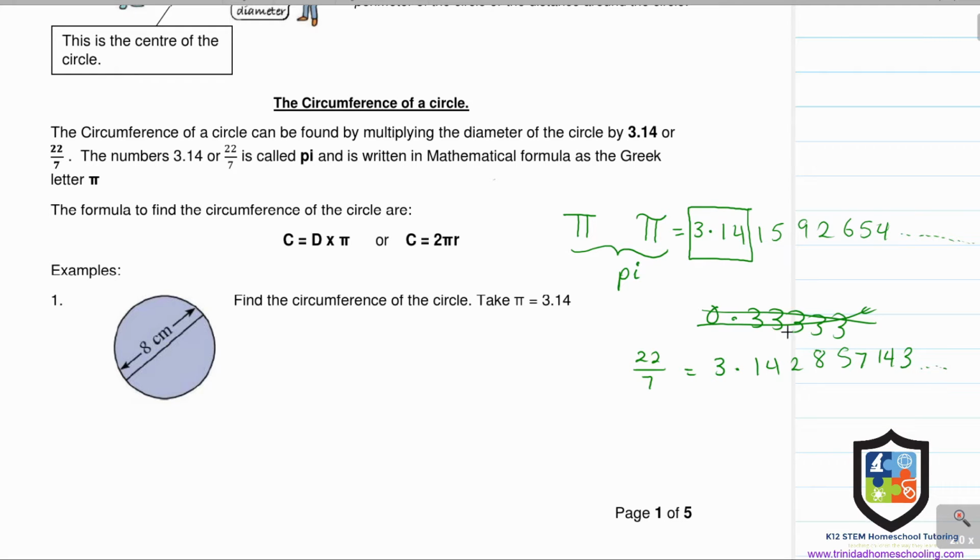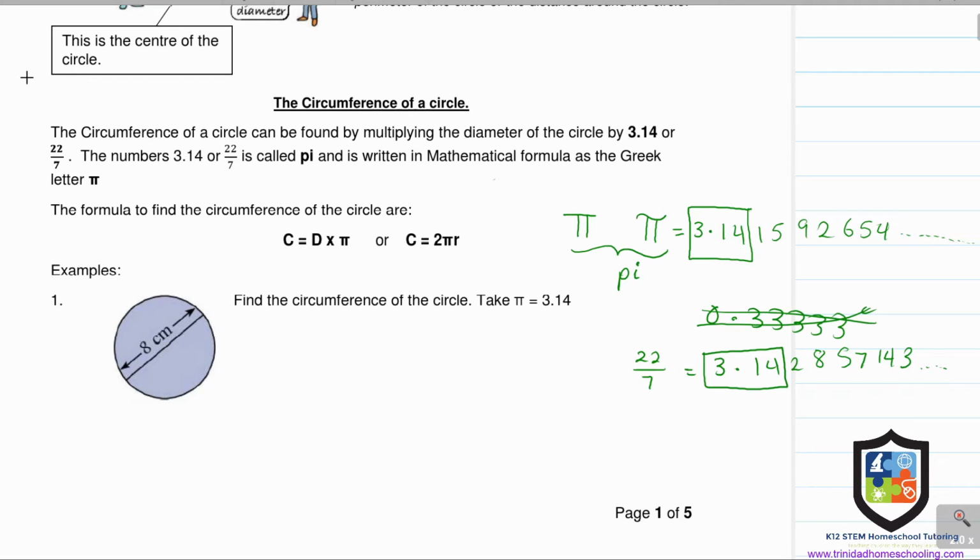Noticing here it's a little different. So what we do is use the first three numbers. These are different values you could use for pi. The question usually would tell you what to use pi as. If it doesn't, you choose which one you want to use.